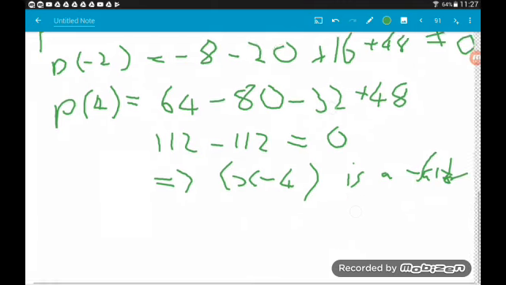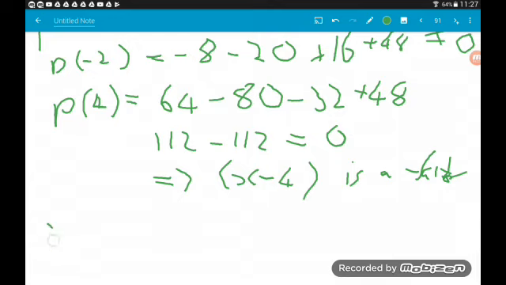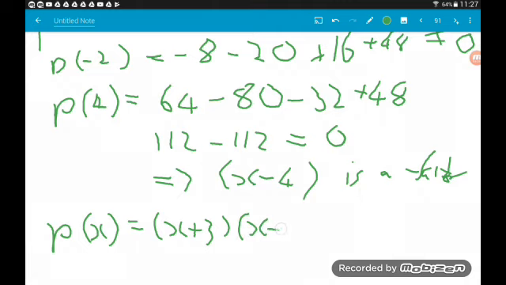So, we can now write p of x equals x plus 3 times x minus 4 times, well, we can actually now write down the final factor too.